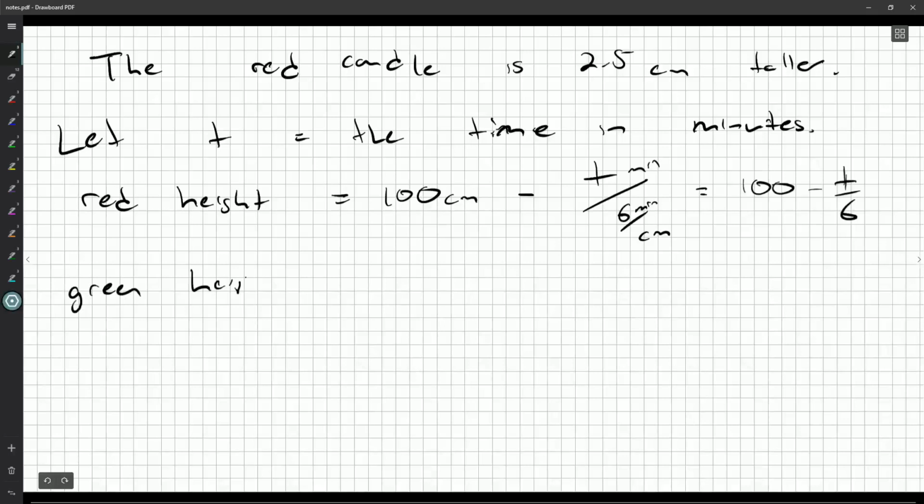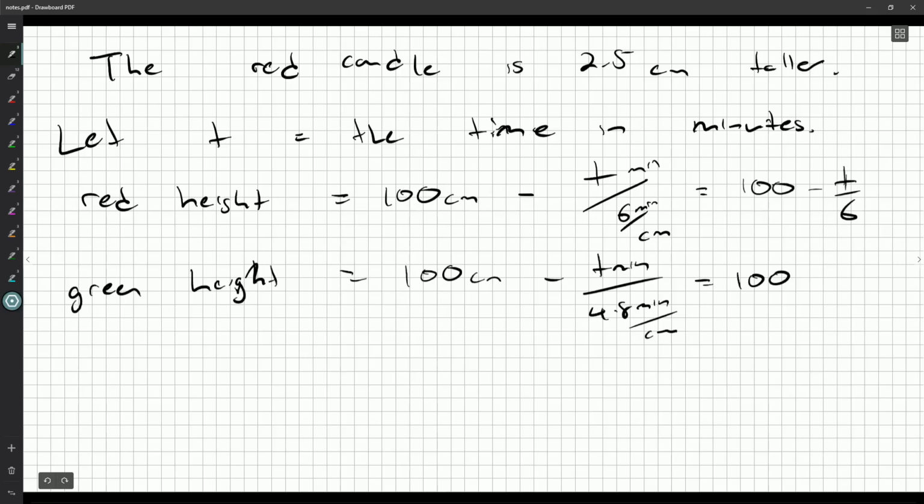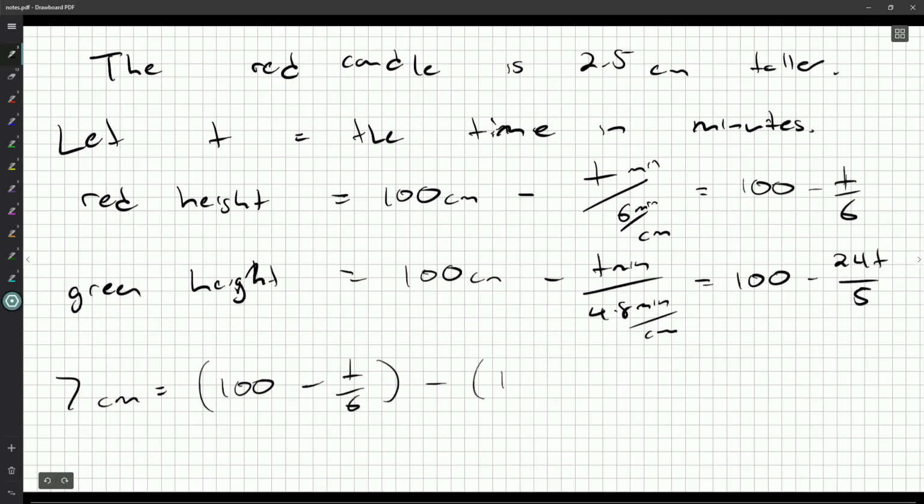The green height will be 100 centimeters, T minutes, and then 4.8 minutes per centimeter. So it'll be 100 minus T over 4.8. Let's actually figure out what 4.8 is as a fraction. So it's 24 out of 5. Okay, so the difference there is 7. So 7 centimeters is 100 minus T by 6 minus 100 minus 24T by 5.